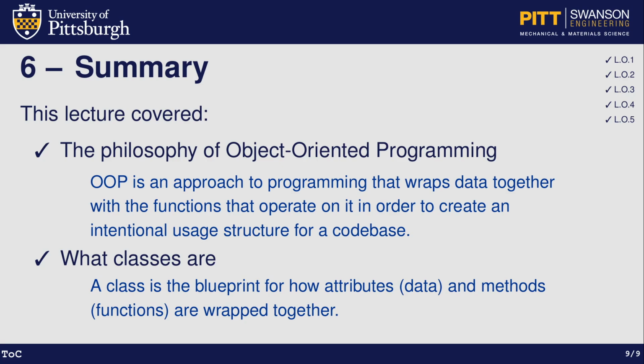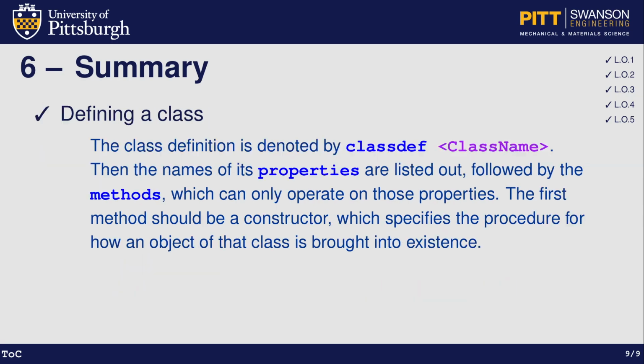Classes are the blueprint for how attributes, the data, and the methods, or the functions, are wrapped up together. Now, defining a class is done by the classdef keyword followed by the class name, and then the names of all of its properties are listed out with the respective keyword followed by all of the methods, again with the keyword, which can only operate on those listed properties.